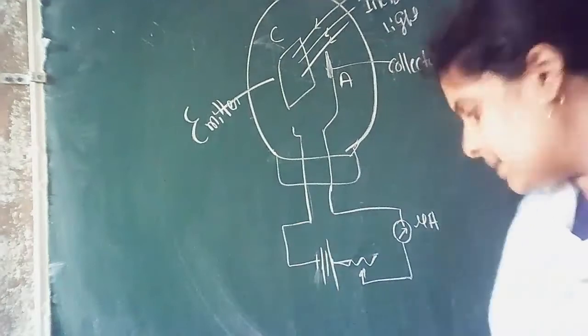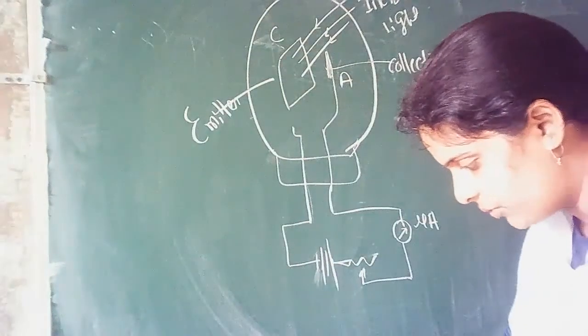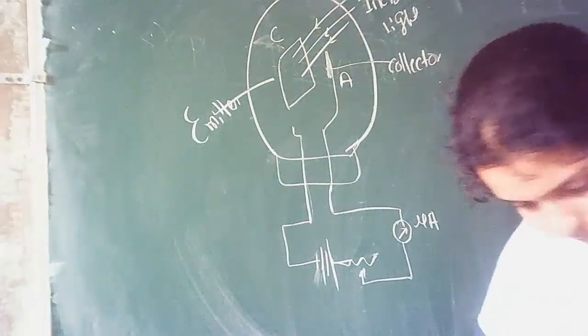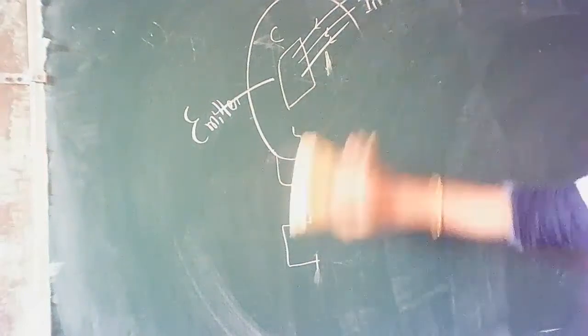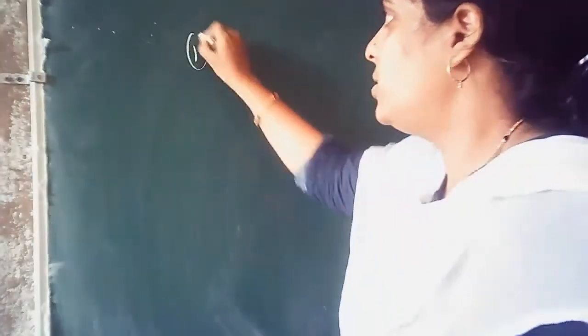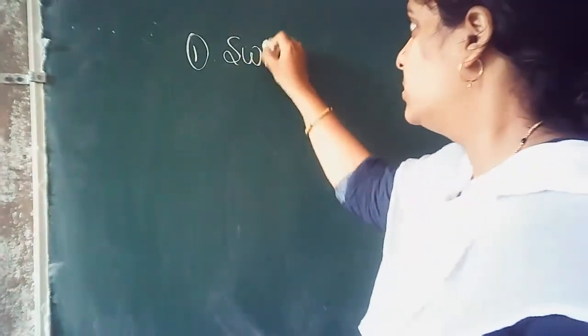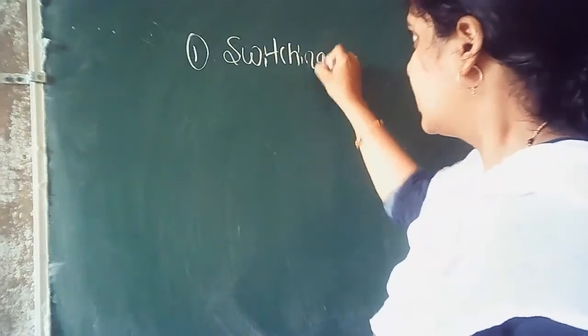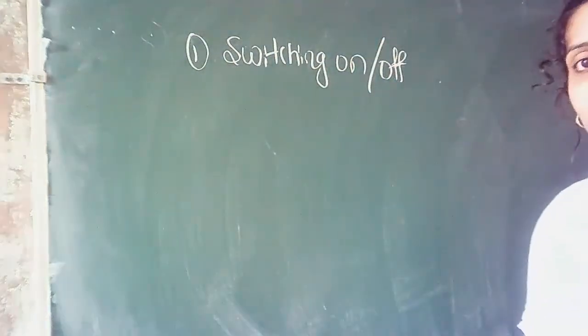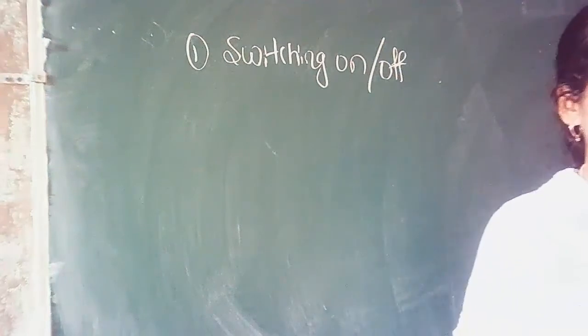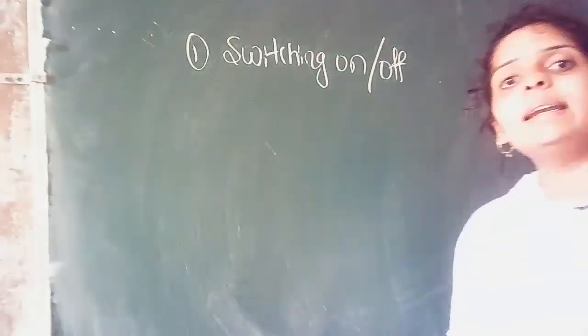So what are the uses? Let us see. The first use of the photoelectric cell is in switching on or off of the street lights automatically. In some places they are using this photoelectric cell. Automatically means when light radiations fall on it, it is used for switching on and off of the street lights.